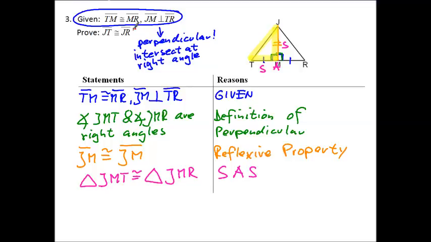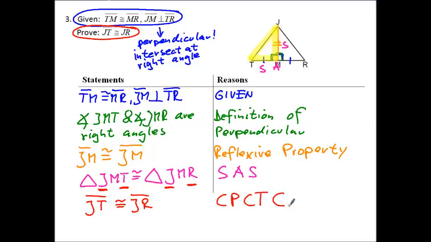But what were we supposed to prove here? We were supposed to prove that the side JT is congruent to the side JR. Let's look at where they are respectively in their triangle. JT is this side and JR is this side. They are definitely corresponding sides. So it is proven that JT is congruent to JR, and yet again we were able to prove this saying that corresponding parts of congruent triangles are congruent.